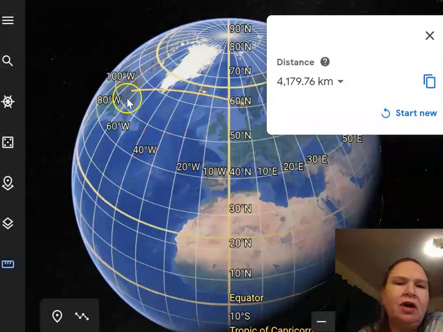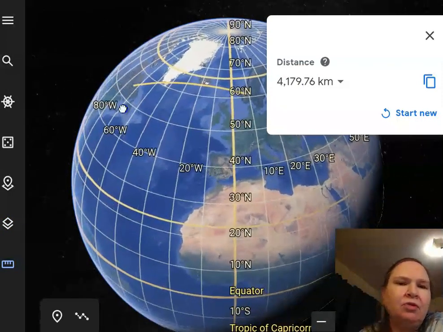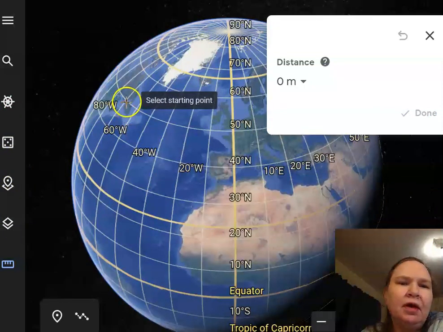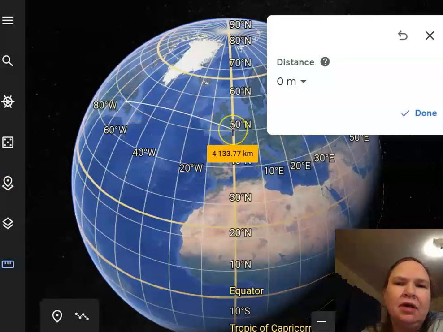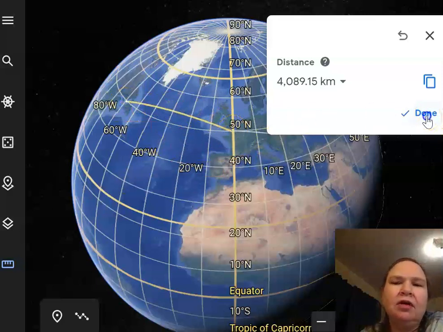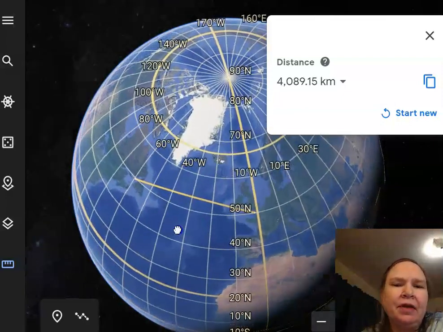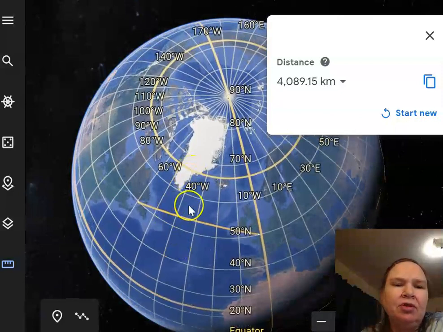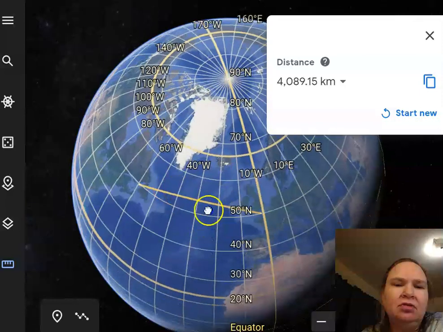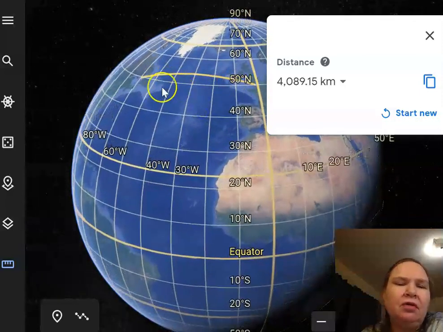So even if I was going between two places with the same latitude, I'm going to pick that point in Canada and this point in Europe that are both 50 degrees north latitude. If you look there, when Google Earth does its shortest path, and if you tilt the sphere so that you're looking at it head on, it looks straight, but it's not following the latitude lines.